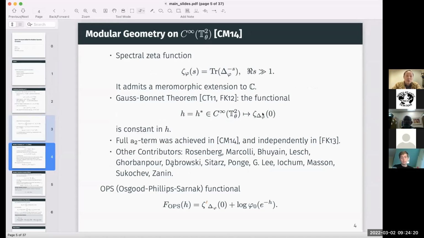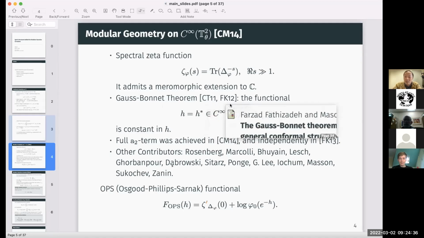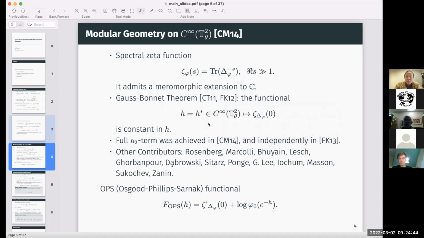function. So the very first result of this project is the Gauss-Bonnet theorem, first proved by Connes and Tretkoff, and then another version is given by Fathizadeh and Khalkhali.